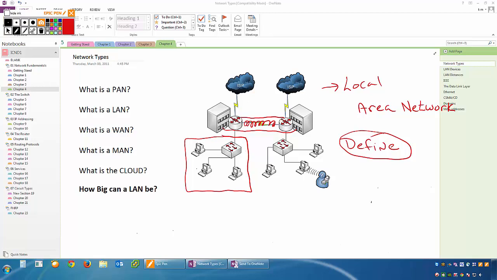So this is identifying where our locations are. Local just means it is local to us. Now, ideally, local can mean several things to other people as well. Some people define local as using Ethernet. It's local to us, so we're using Ethernet connectivity.